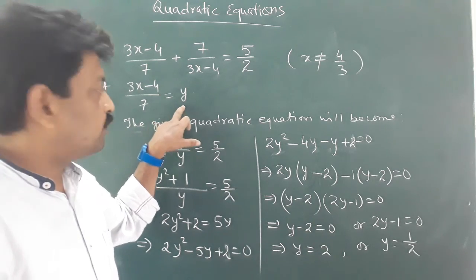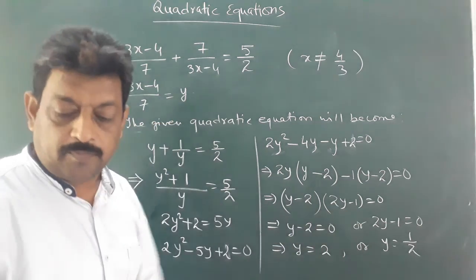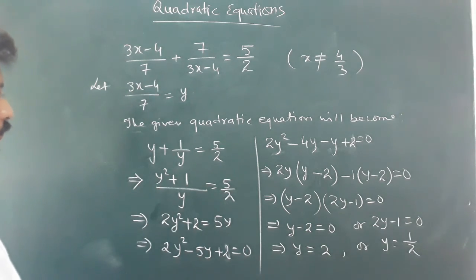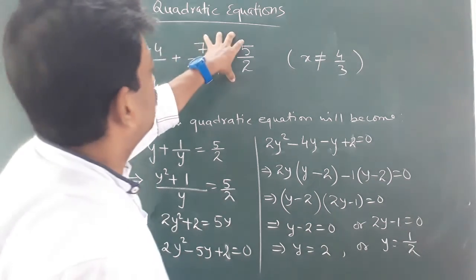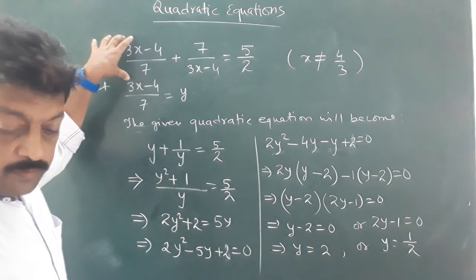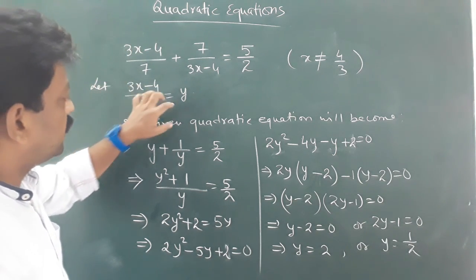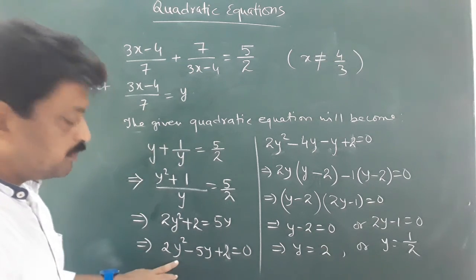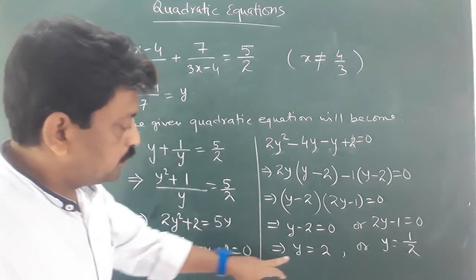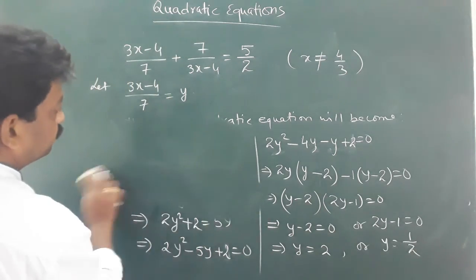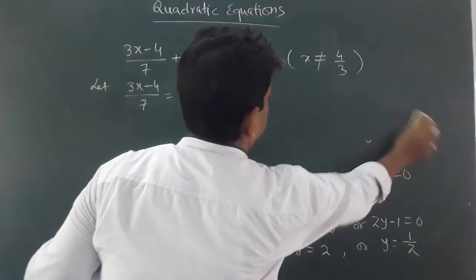So in place of y we have to put the values. I am erasing this one, just go through it. The whole quadratic equation was given in terms of x. Now after taking (3x minus 4) upon 7 as y, it has become a quadratic equation in y, whose roots are 2 and 1 upon 2.